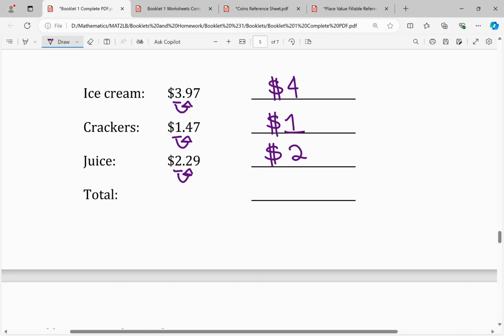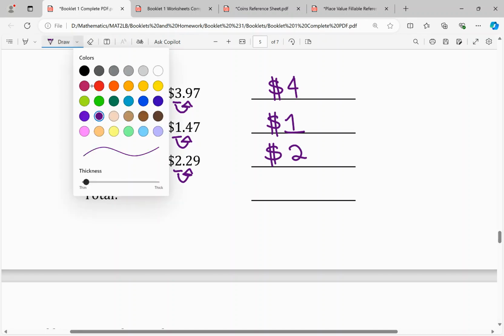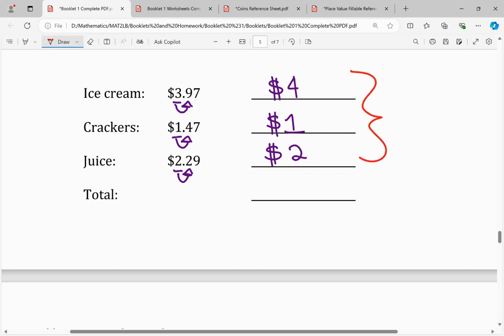And when you get good at this, you can do it quickly and on the fly. So now, all I need to do is add these numbers together and say, yeah, my bill is going to be about 4 plus 1 is 5, plus 2 is 7. My bill is going to be about $7.